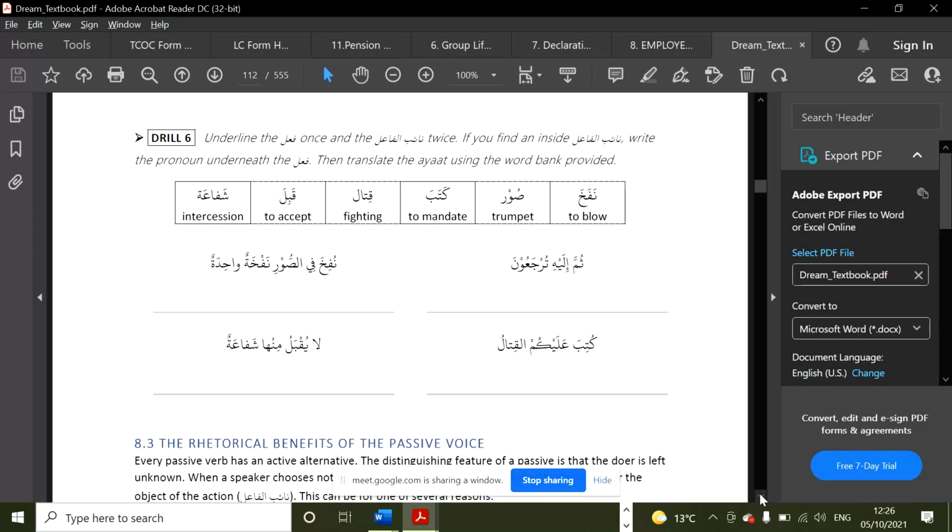Okay, so I can see here that it's nafakha, but it's been changed. Do not look at the first letter. You have to identify the mabni lil majhul with the rules that were given to you. So what are the sounds that you look for when you're looking for a mabni lil majhul? If it's madi and then if it's mudare. If the first letter is given a damma.